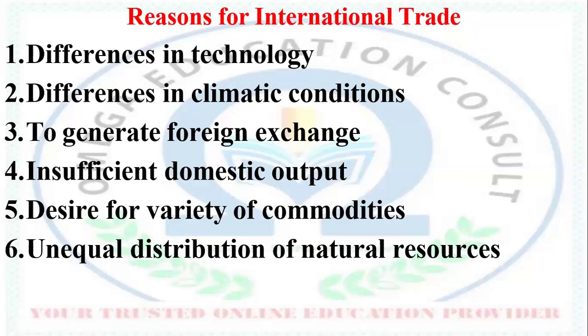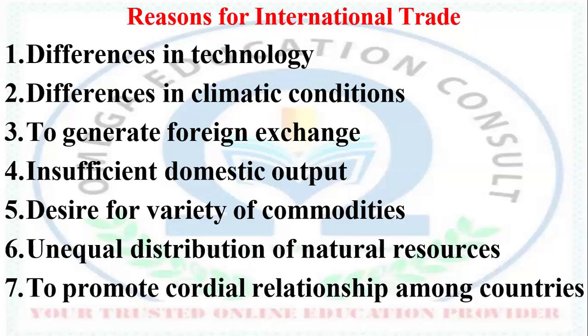Ghana, for instance, has gold, has diamond, has crude oil, has manganese, and so on and so forth. Other countries don't have these. Some countries don't have crude oil, so that necessitates the purchasing of crude oil from other countries. Other countries don't have gold, so that would necessitate that they buy gold from other countries that have, right?